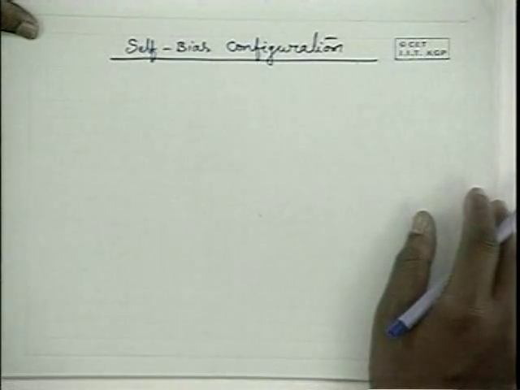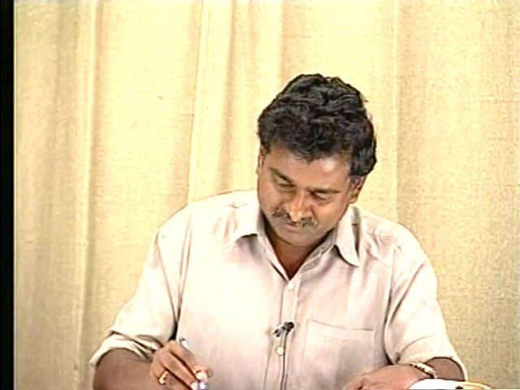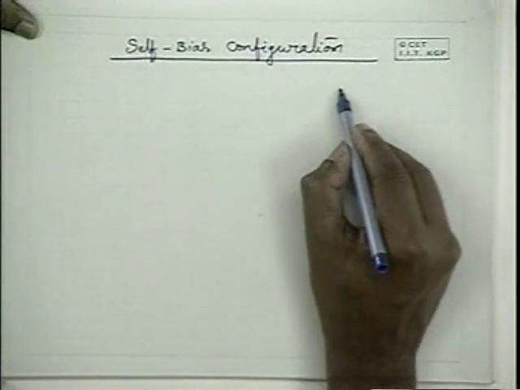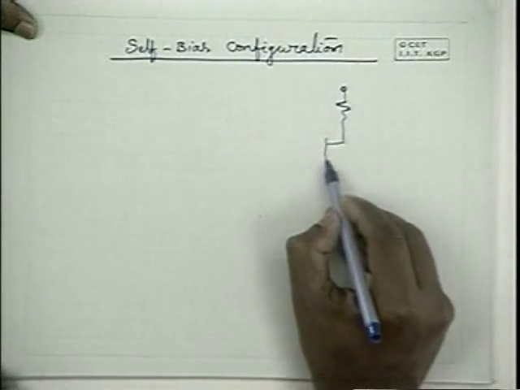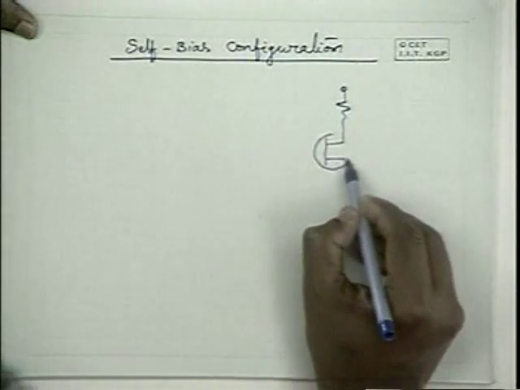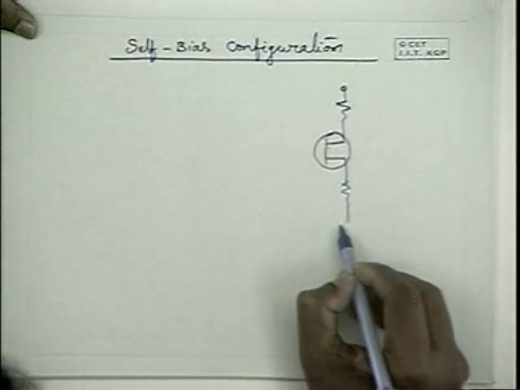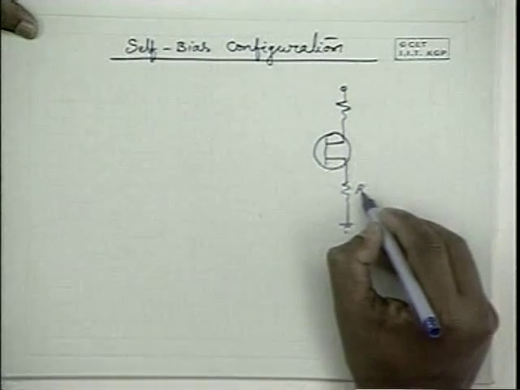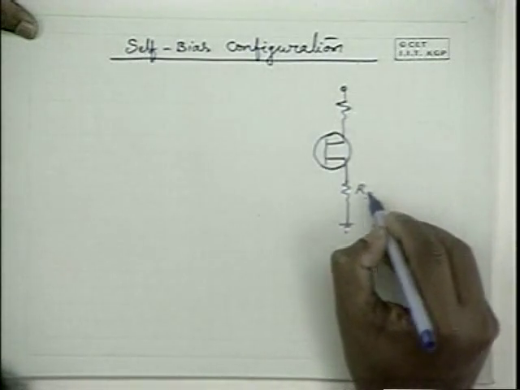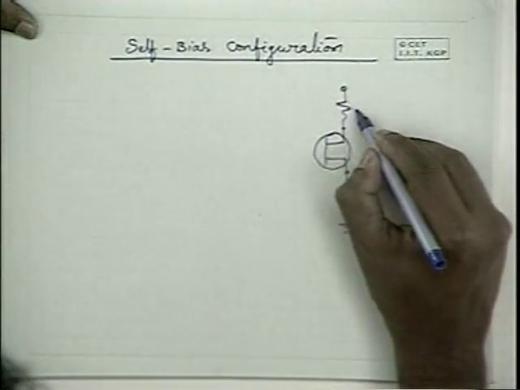It gives you a stable biasing point, or stable quiescent point. The circuit is given as shown here. Similar to the transistor, we use a source resistance with the source, and a drain resistance here.